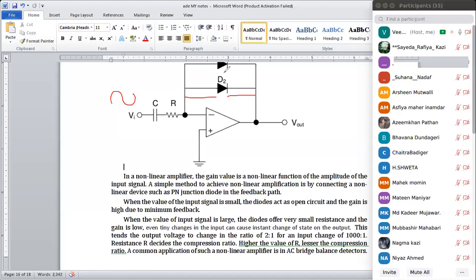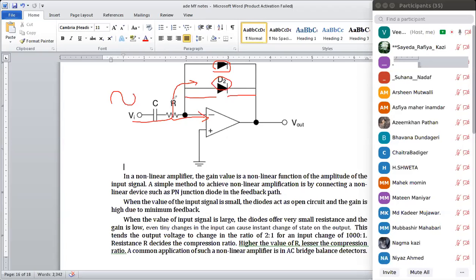That is, the diodes are not able to switch on or conduct in forward bias even though the input is being applied. Now it will be like an open circuit, so there is no connection between the output and input.